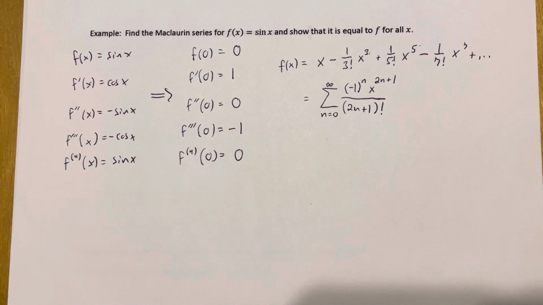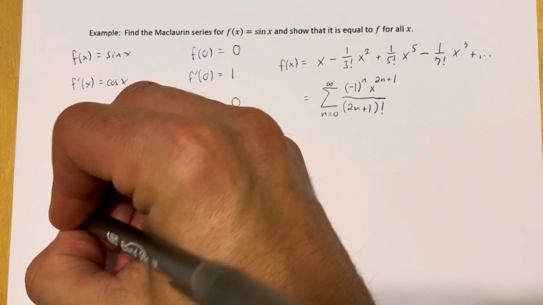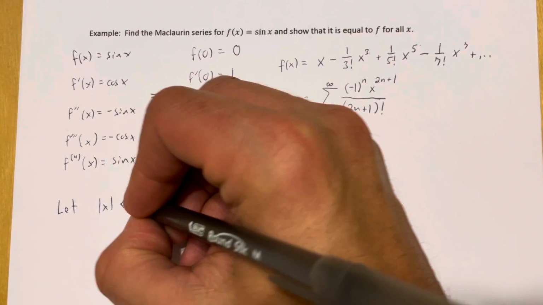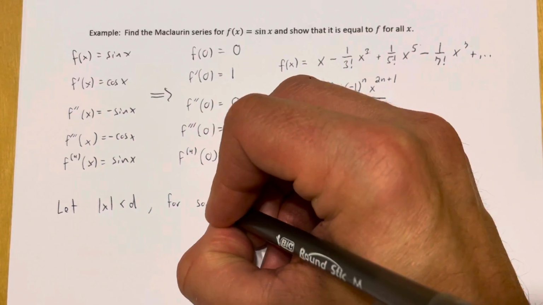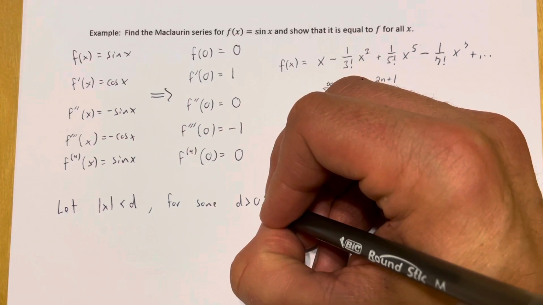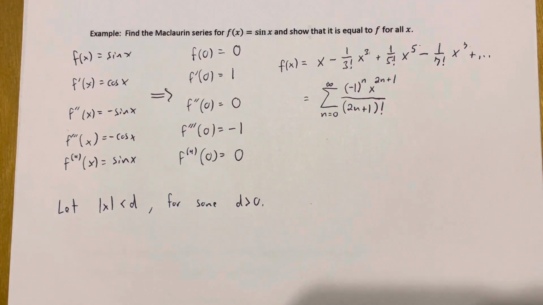Now we want to show that the Maclaurin series is actually equal to the sine function. And we do this in a similar manner as what we did for e to the x previously. So again, we're going to look at Taylor's inequality. And as before, we're going to let the absolute value of x be less than some number d, and I'm going to say positive d because it would have to be positive for this to be true.